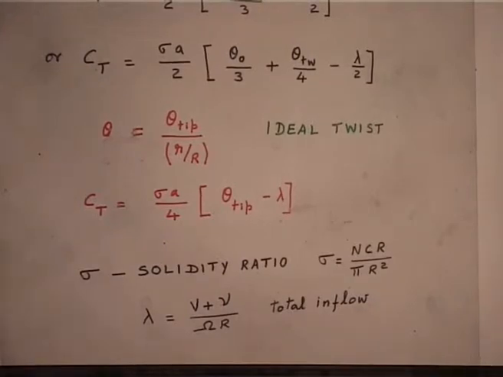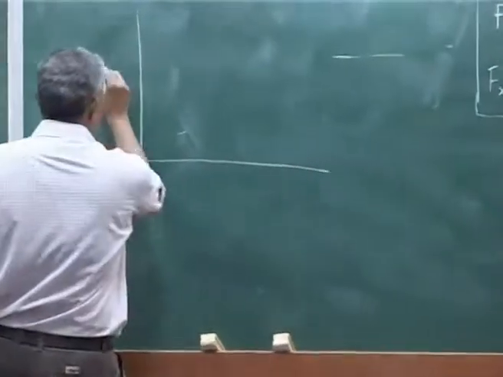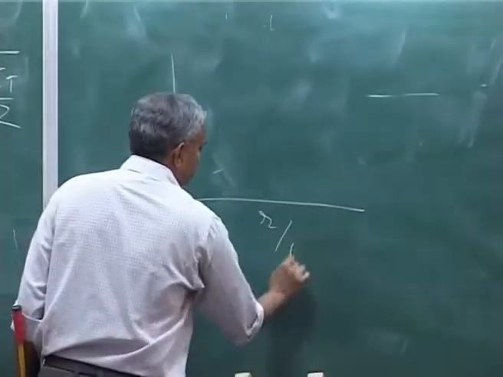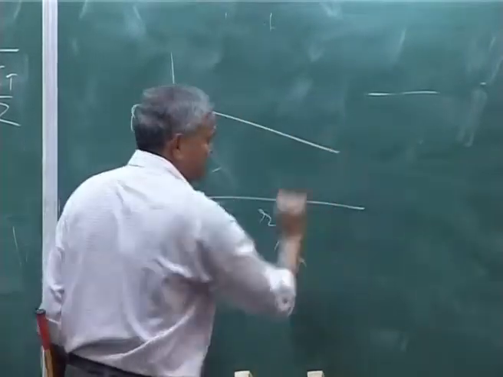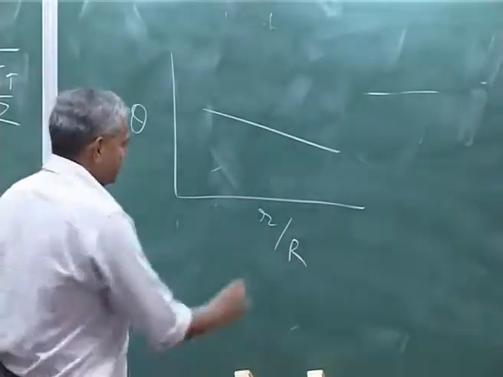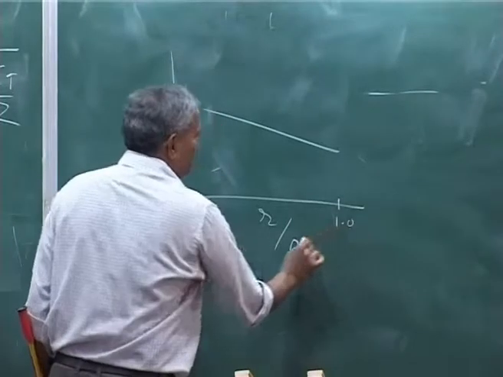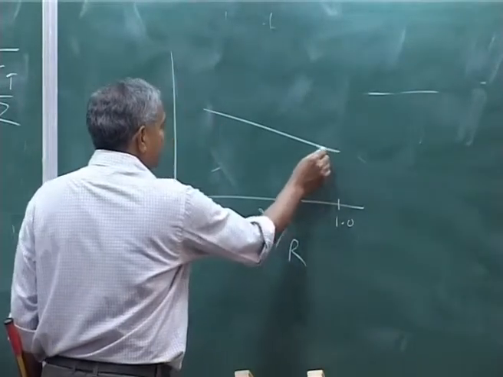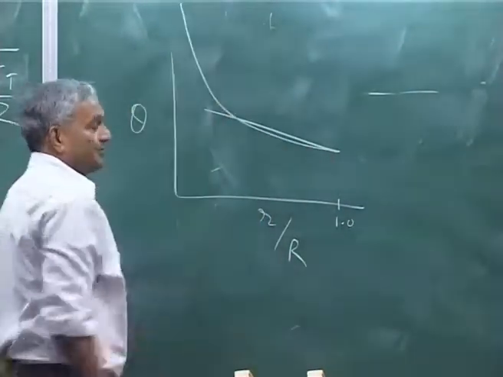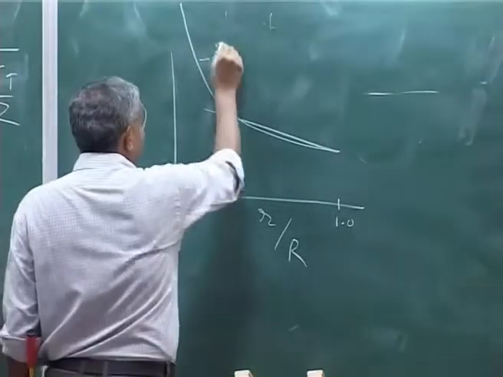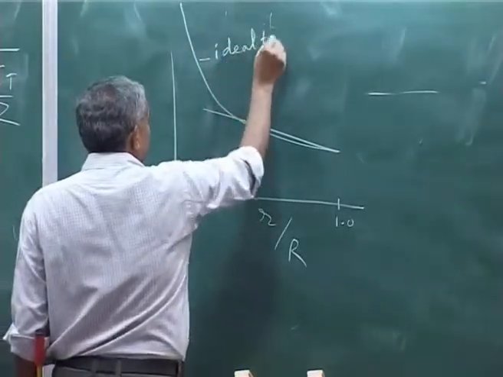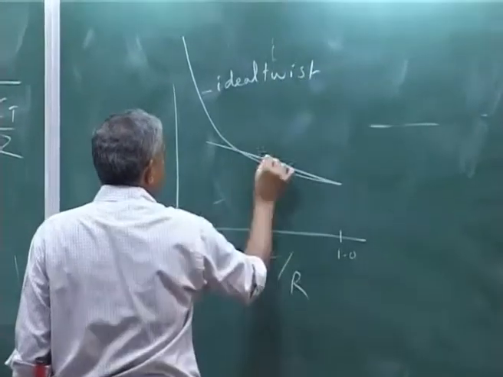Linear twist is a straight line, so it will be that, theta, and linear twist may be like this, r over R, this is maybe 1. But ideal twist, this is ideal, this is linear.